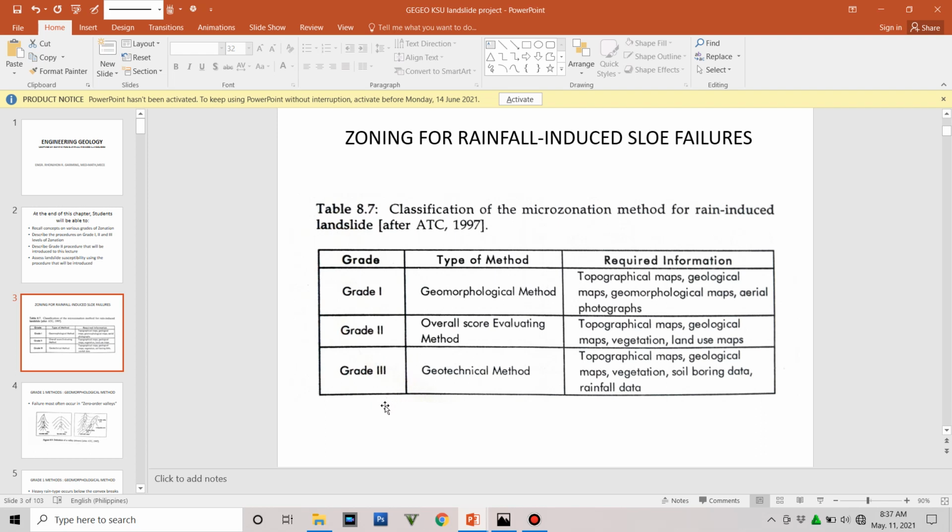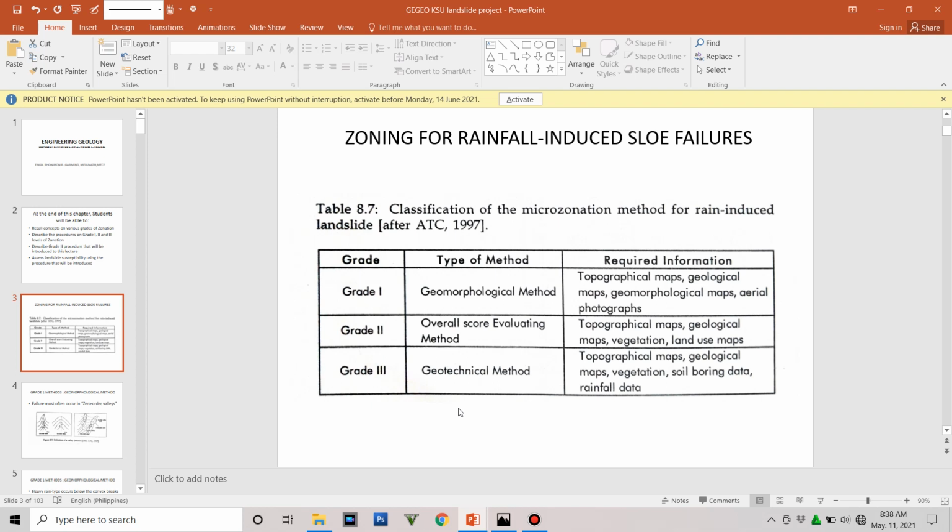So the grade 3 level is the rigorous method. This is the geotechnical method, which requires subsurface and in situ tests. Okay, so we have more extensive details and testing that will be conducted on this grade 3 zoning.